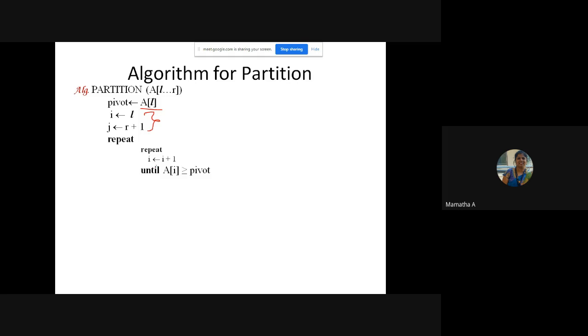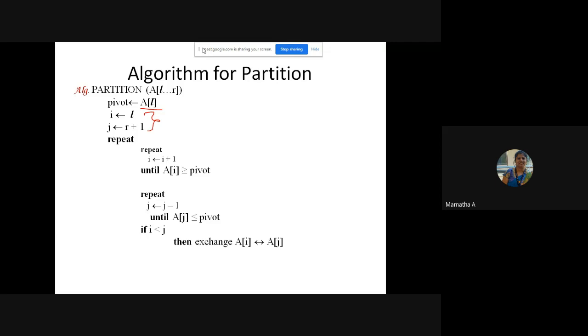Hope you remember it. Then repeat J minus 1 until what, students? Until what's the condition? Until A of j is less than or equal to pivot.